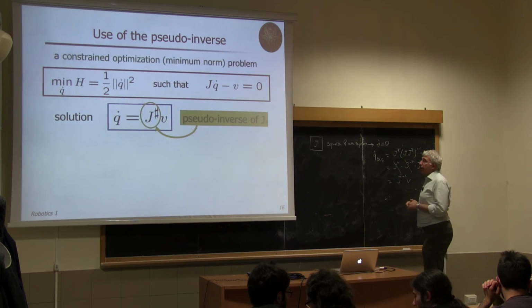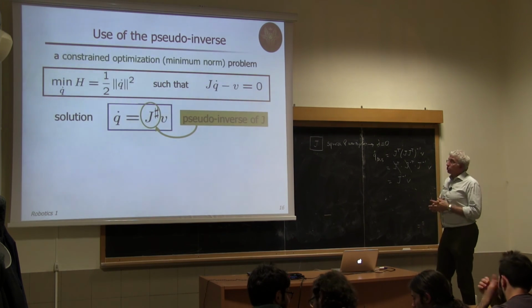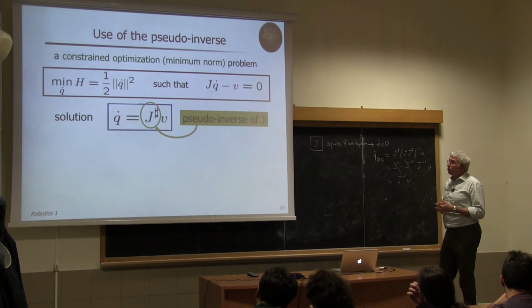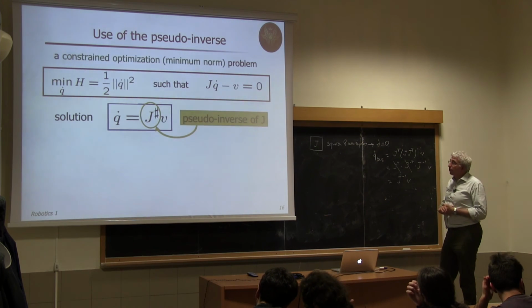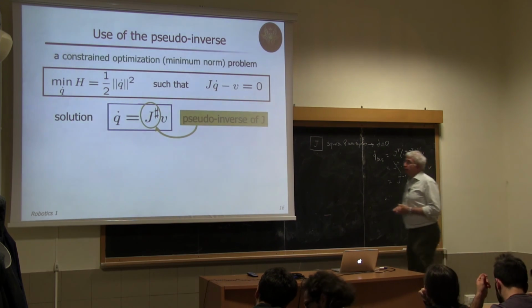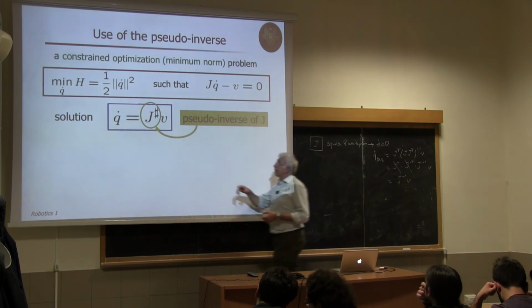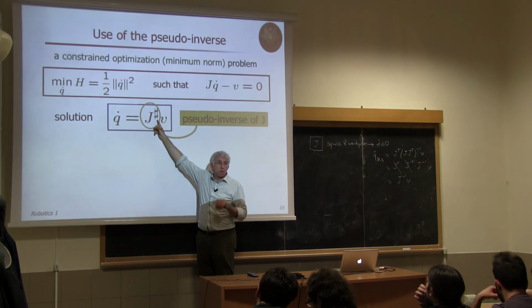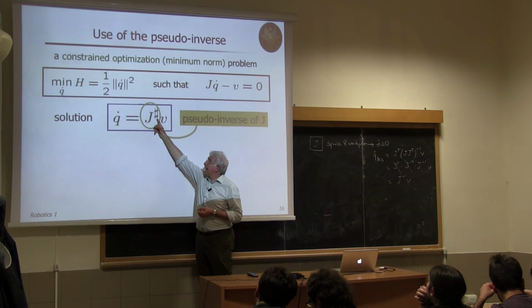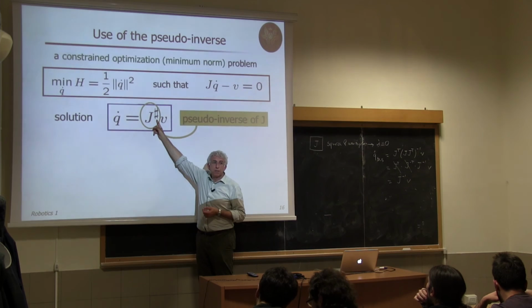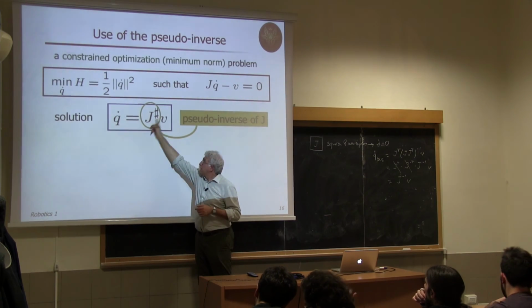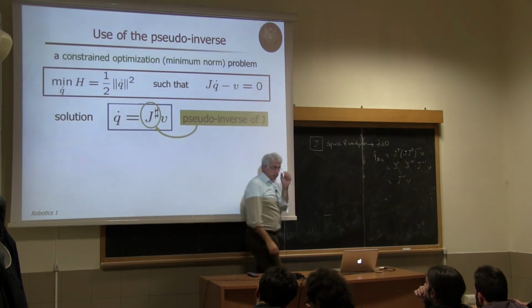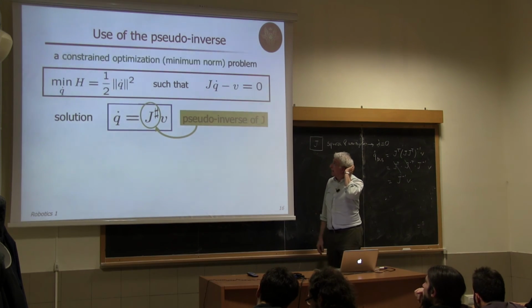So we would like to find a q dot which imposes J q dot equal v, or J q dot minus v equals 0, and minimize the norm. So this problem has, again, a unique solution, which is denoted by this dagger, or dash, whatever you want to call it, which is J pseudo-inverse times v, exactly the same.